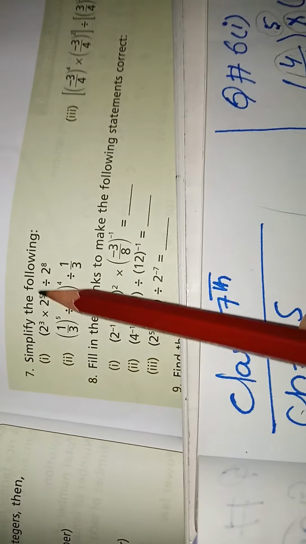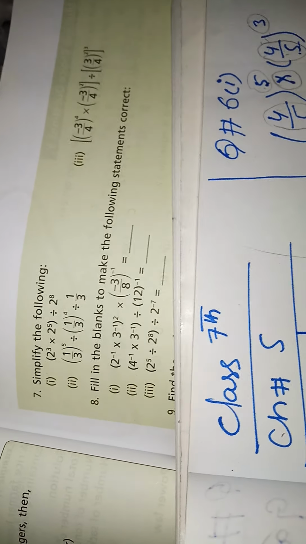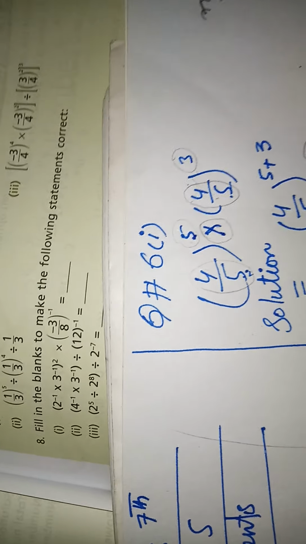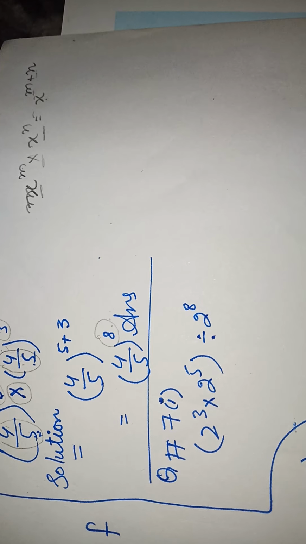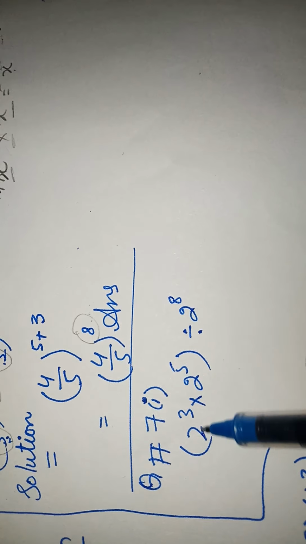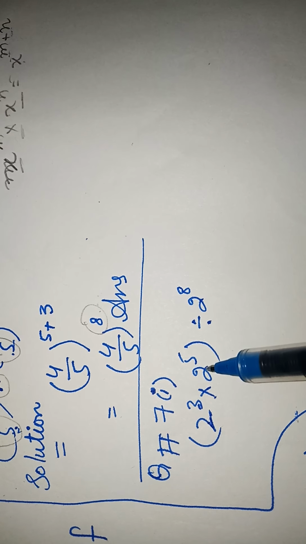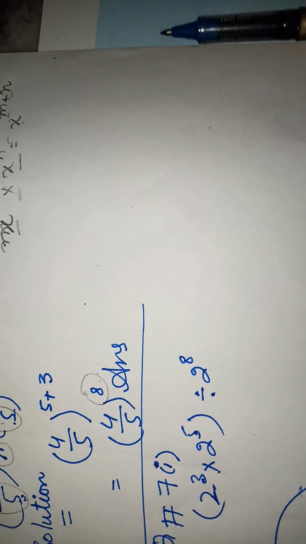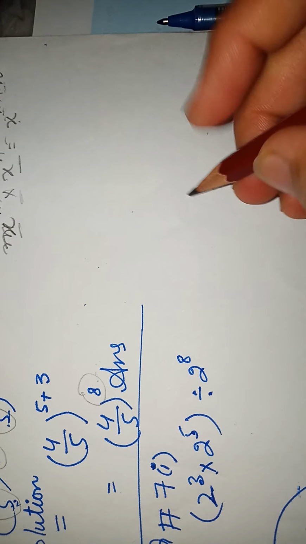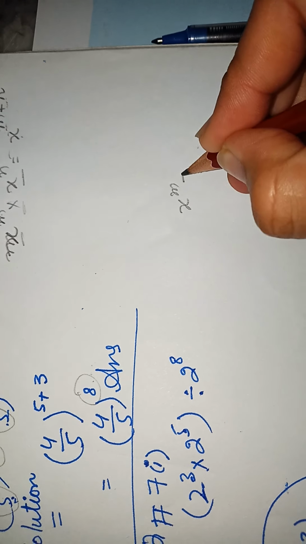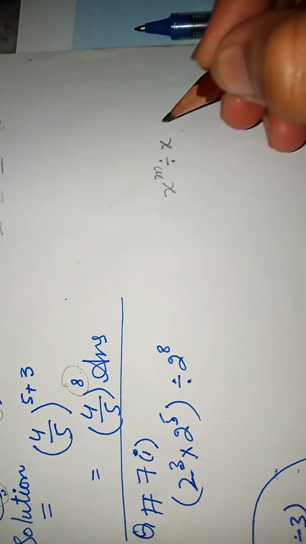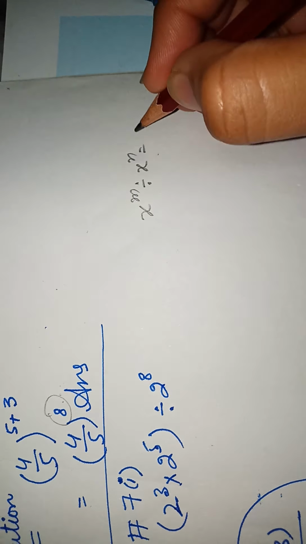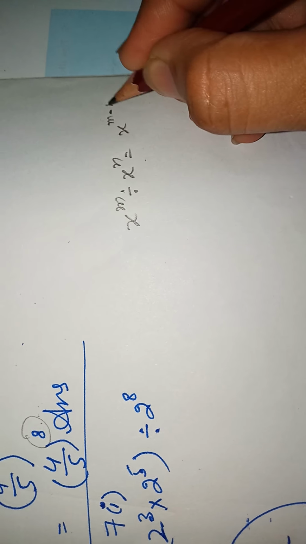Now here in question number 7, simplify the following. Here the statement is given, so you have to simplify them. So here is the statement: 2 raised to power 3 multiplied by 2 raised to power 5 divided by 2 raised to power 8. Here you also have to remember the rule that when the bases are same but they are being divided, we will subtract the powers.